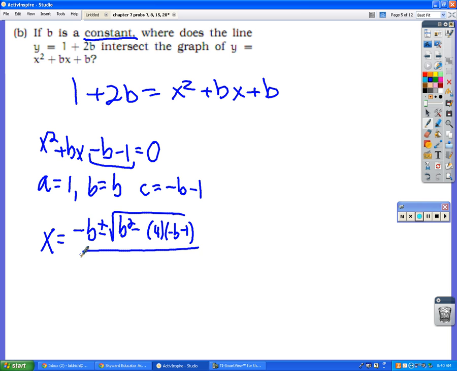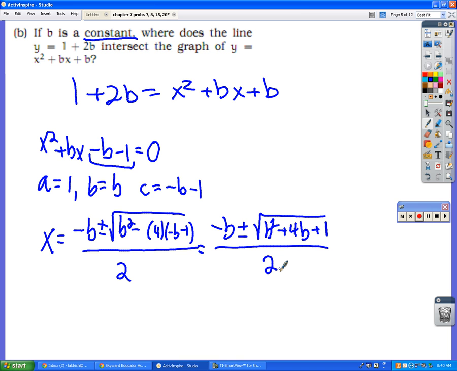All over 2a, so that would be over 2. Just a little bit of simplifying that we can do, but not much. If I distribute this 4, I get 4b plus 4, all over 2.